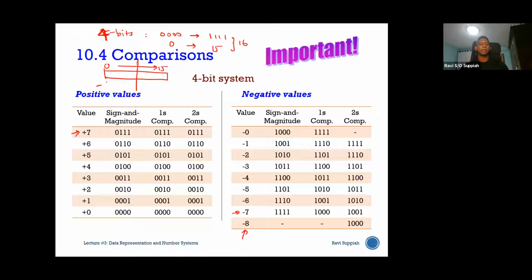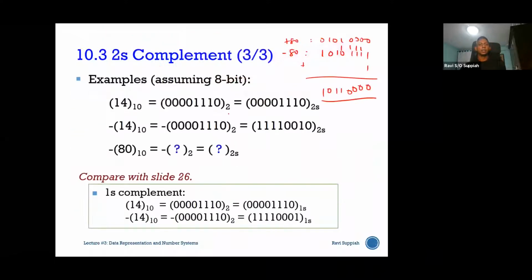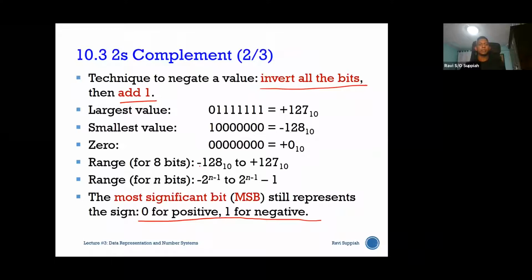That is why the range is given as -2 to the power n minus 1, to 2 to the power n minus 1, minus 1. For example, if n equals 4, that means 4 bits, it is -2 to the power of 3, up to 2 to the power of 3 minus 1. So it's -8 to +7.